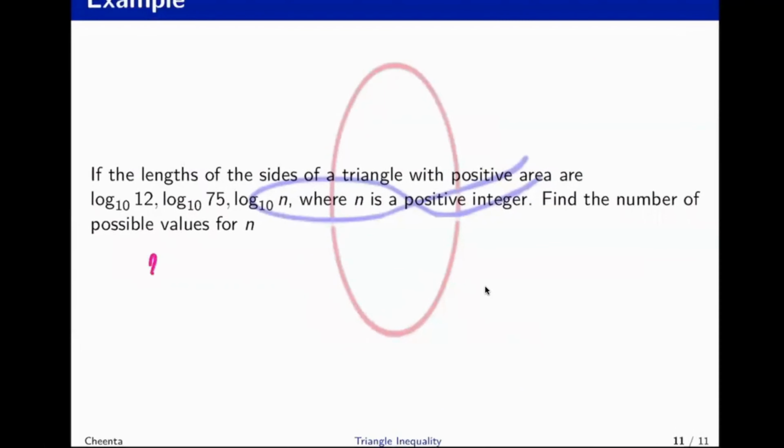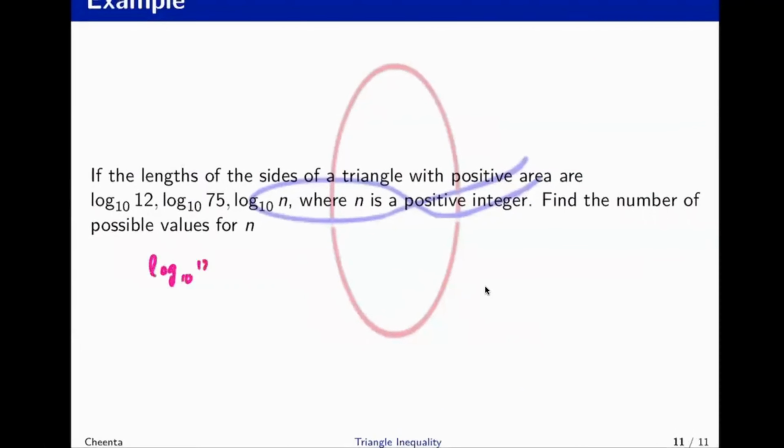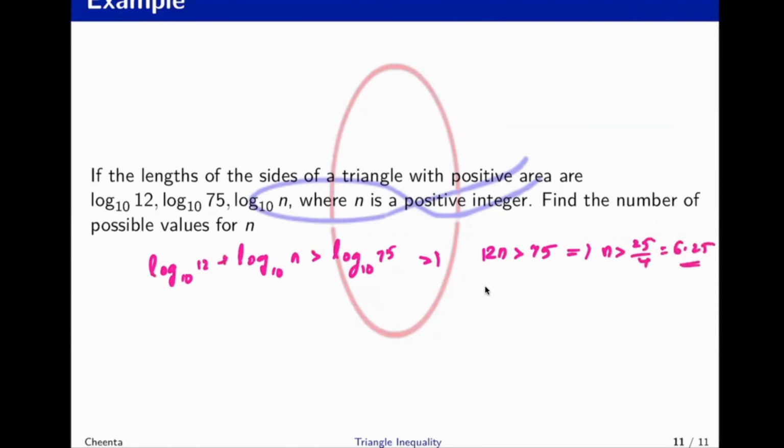So what we'll try to do: log 12 plus log n is greater than log 75. So this implies 12n is greater than 75, and this implies n is greater than 25 by 4, which is 6.25.